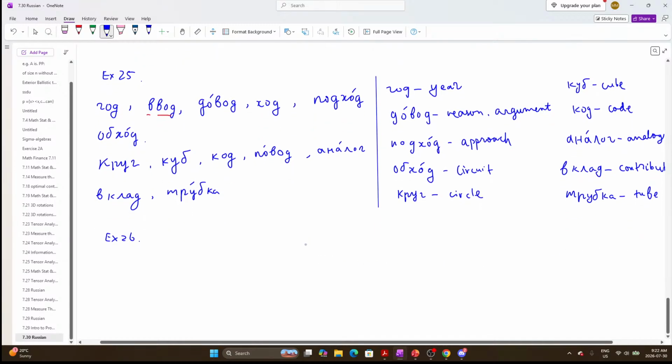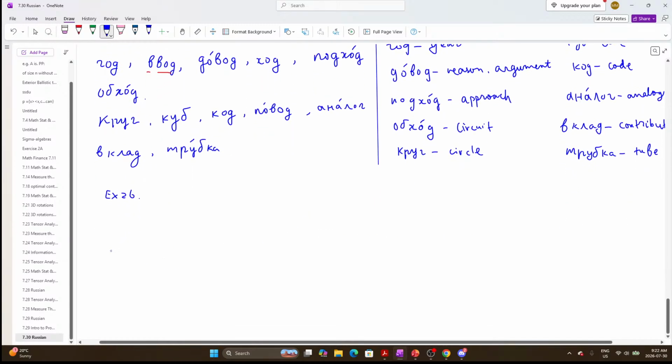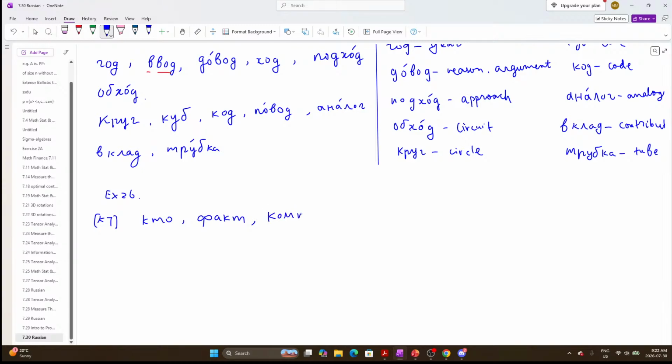Here we're reading words with connecting consonants. K, t. We have кто, fakt, which is unfortunate because it sounds like an English bad word, but this is how it is. Fakt means fact. Compact. Good to know it's the same in Russian.